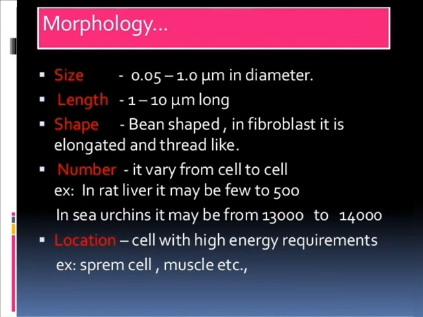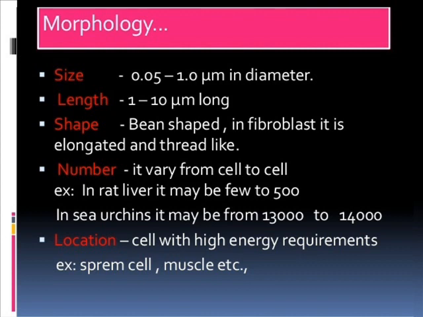Now coming to the morphology of mitochondria. The size of the mitochondria ranges from 0.05 to 1 micrometer in diameter, whereas 1 to 10 micrometers in length. Generally, mitochondria are bean-shaped, but in a few cases, we could see elongated and thread-like mitochondria, for example, in fibroblasts. The number of mitochondria present in each cell varies from cell to cell.